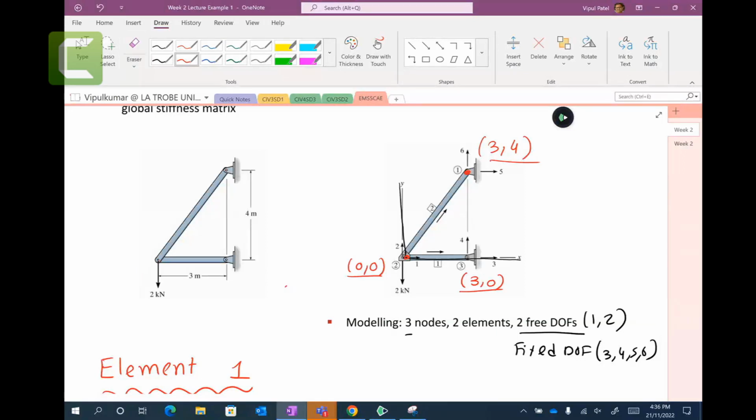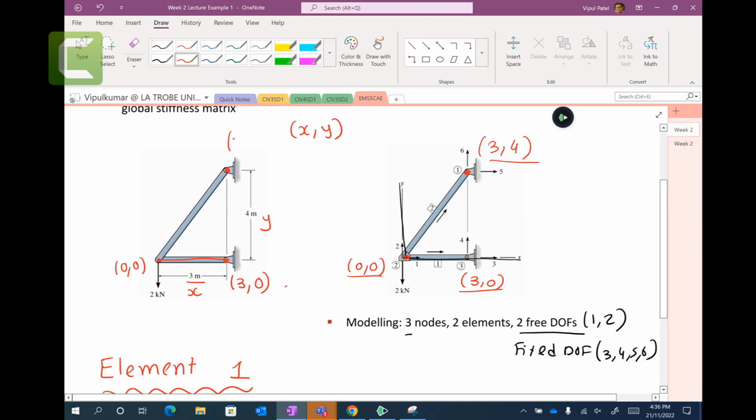So 0, 0, you understand. This is x, this is y. How much x? If I have 0, 0 and want to go to this point, I need to go across by 3, but I don't need to go anything on y.